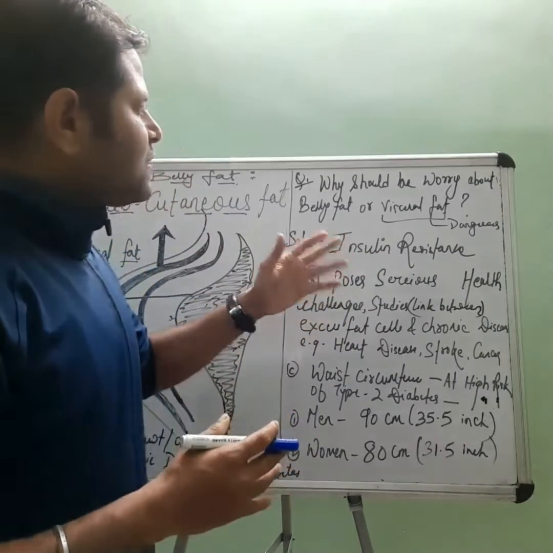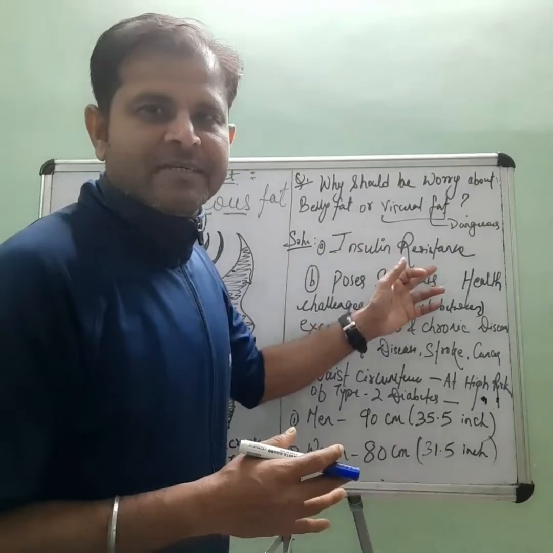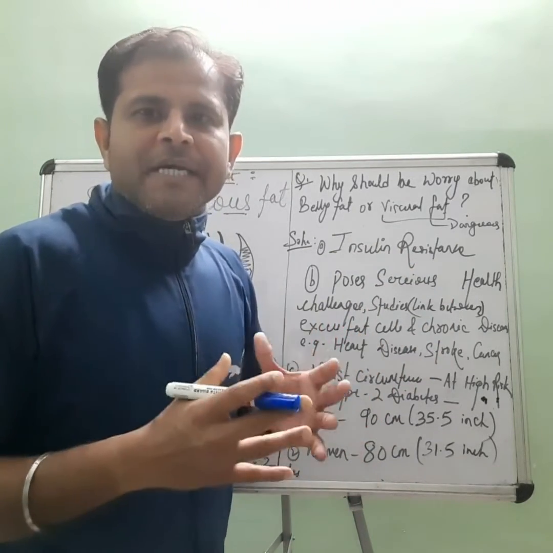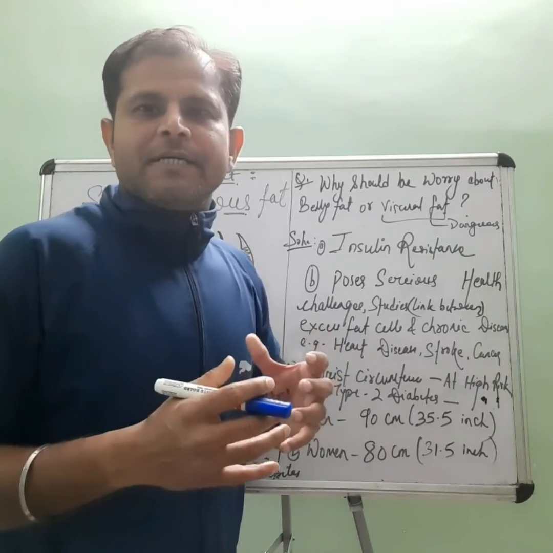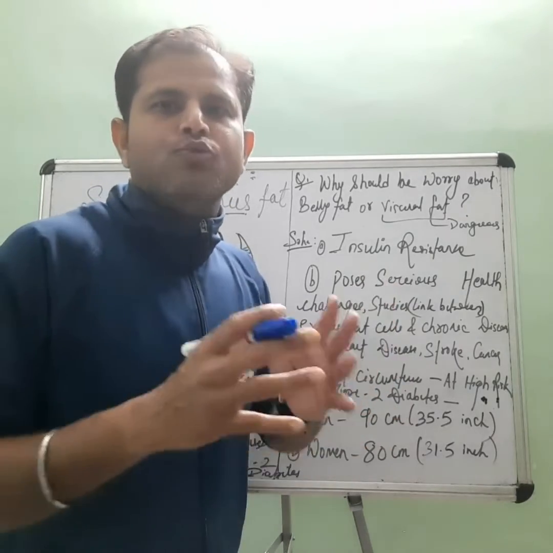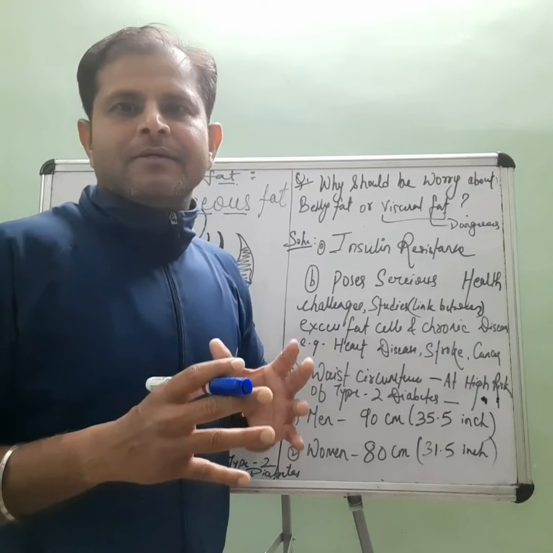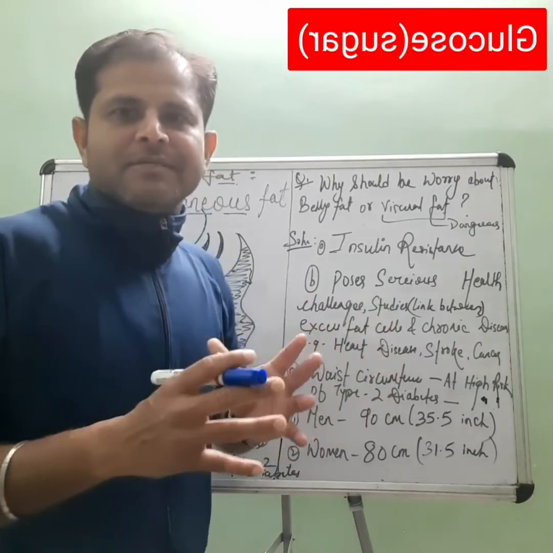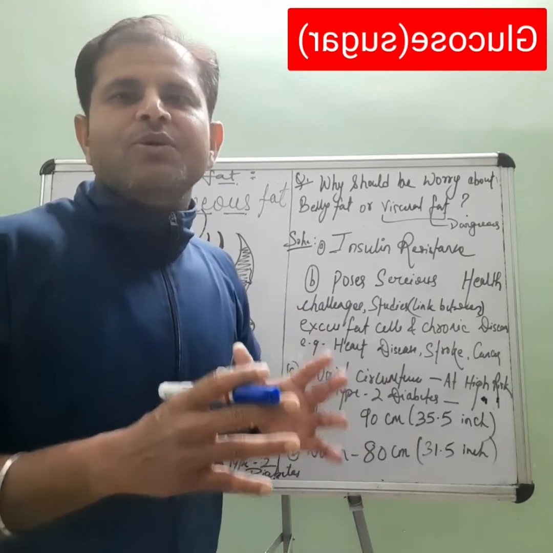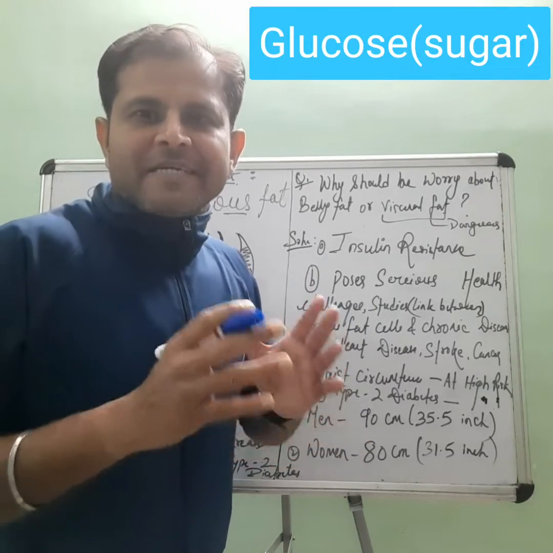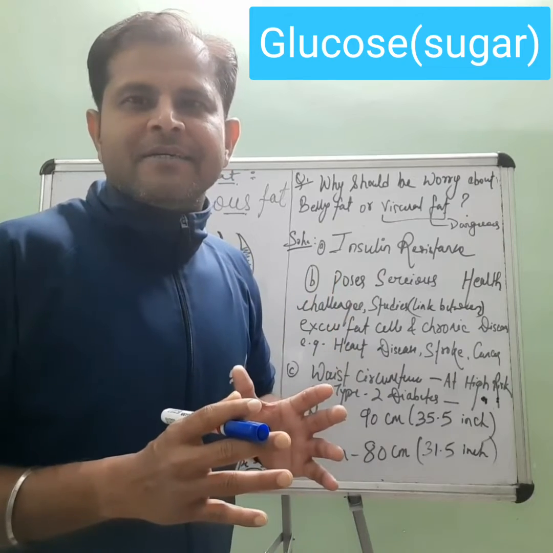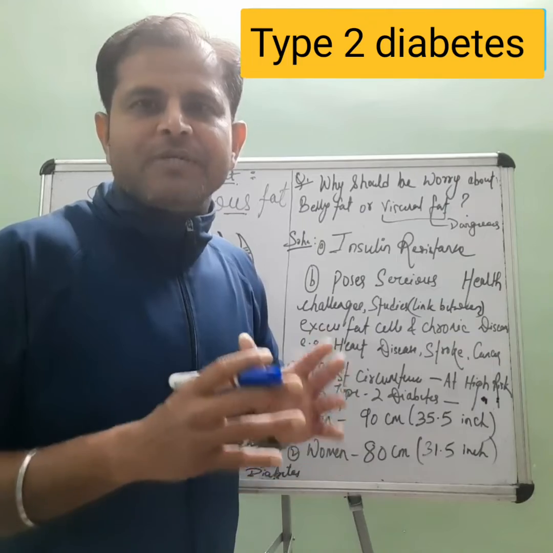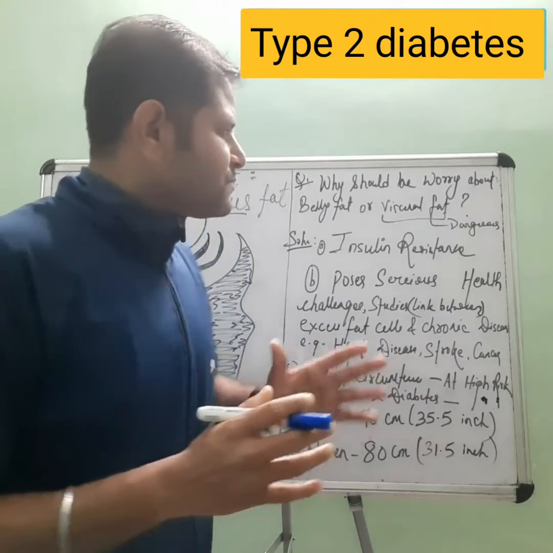When the body produces insulin but is unable to properly use it to control the blood sugar level, glucose builds up in the blood vessels, thereby leading to diabetes. Yes, type 2 diabetes, a lifestyle disease.